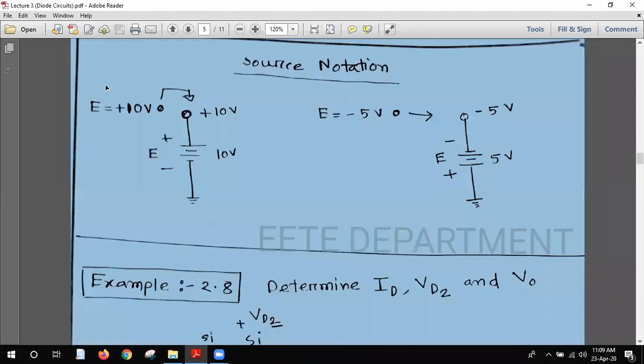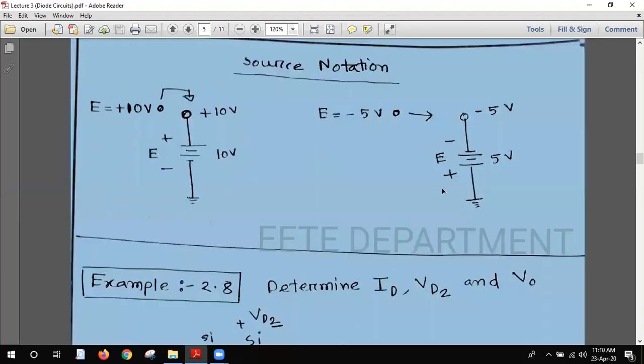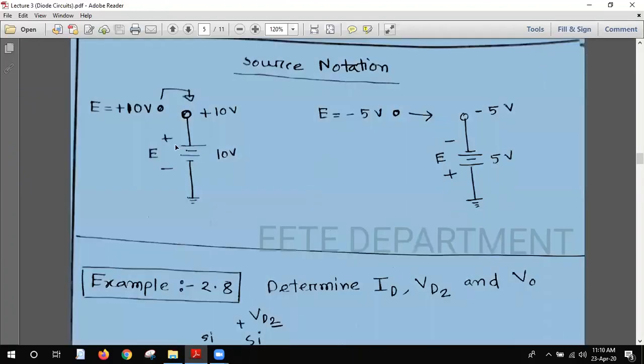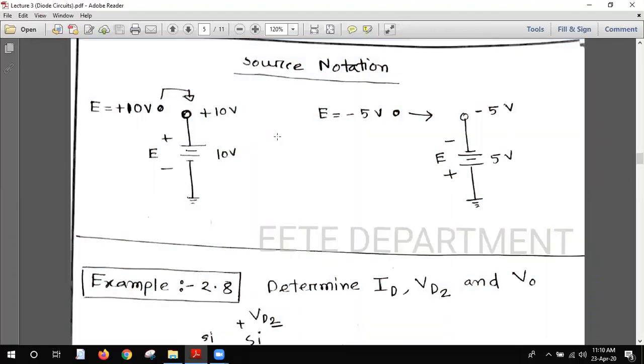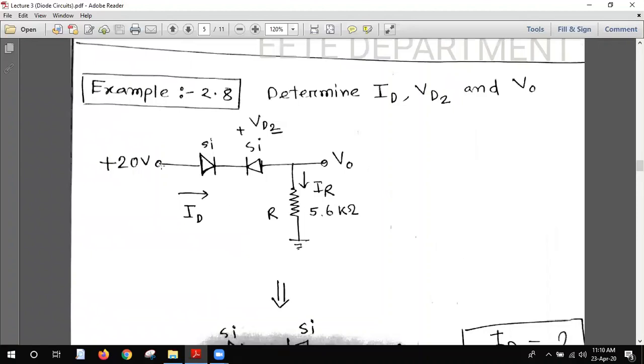Always remember, when you see positive voltage, the positive side will be the upper side, or closer to the node. When you see the negative side on the upper side, it is negative voltage. Upper side means closer to the point. Let's check the next example. Suppose there is a positive 20 volt source drawn as a small circle.